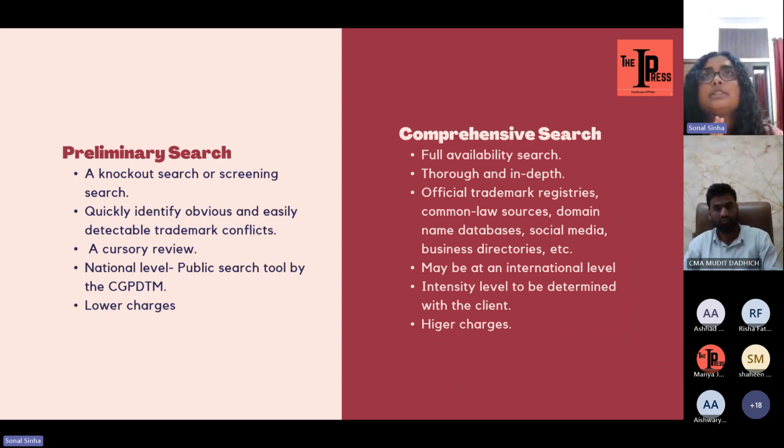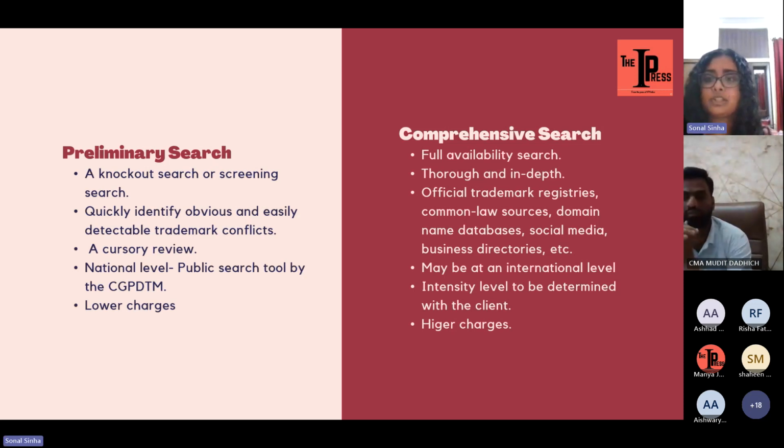And then there are other tools like the Global Brand Database by the WIPO, and there's also TMView. So you do an international search as well. You will go through social media websites to make sure that there are no infringing marks, infringing businesses using the trade name. You also do a domain name search. For that, you can use the tool Whois, which is an effective tool.